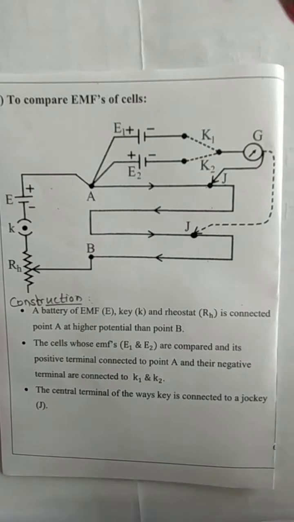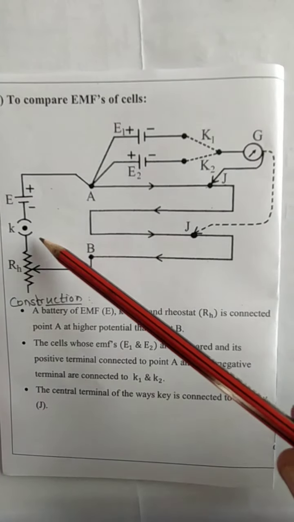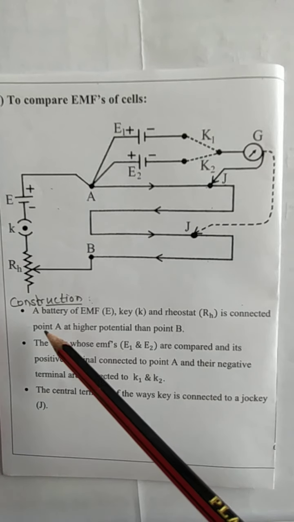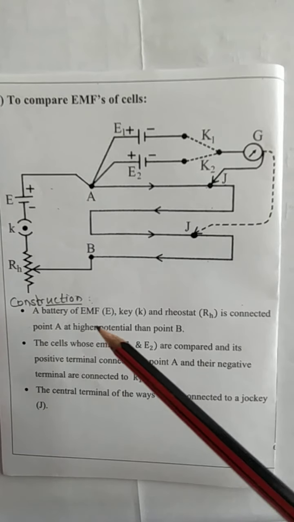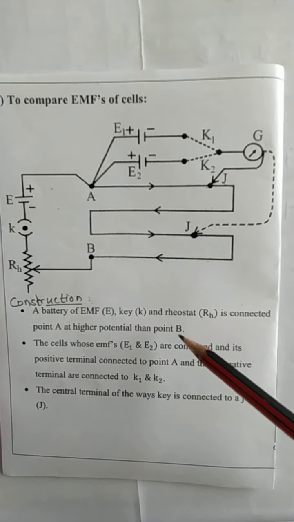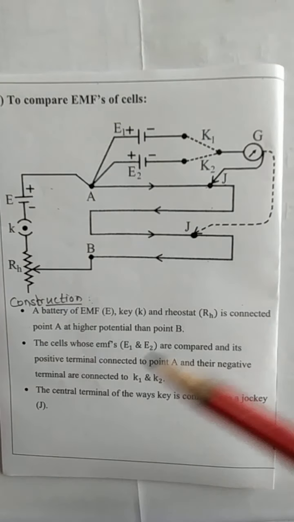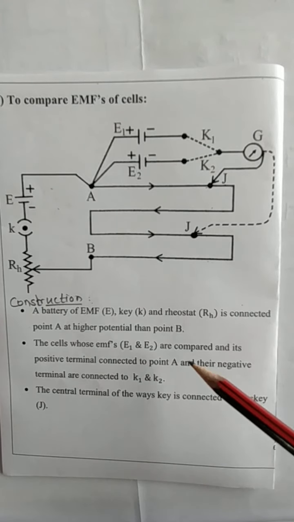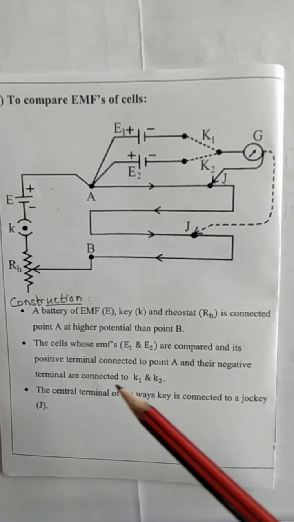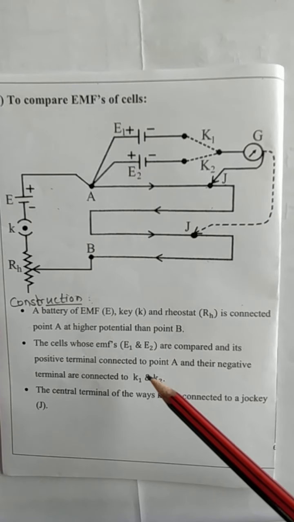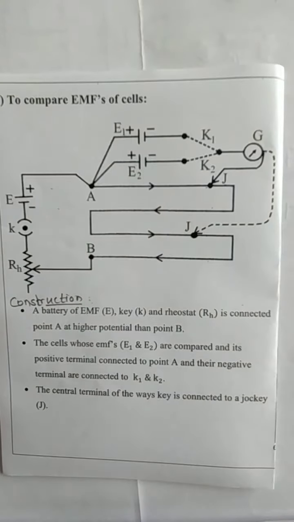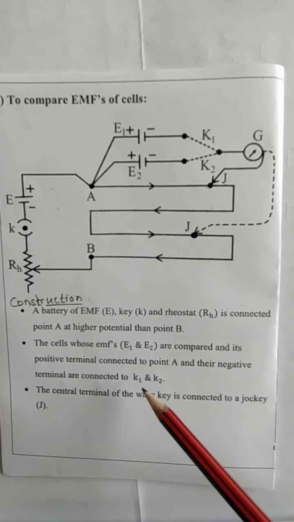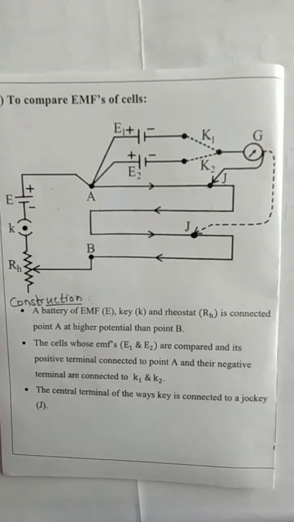Battery of EMF E, key K and rheostat RH is connected, point A at higher potential than point B. The cells whose EMFs E1 and E2 are compared have their positive terminals connected to point A and their negative terminals connected to keys K1 and K2.